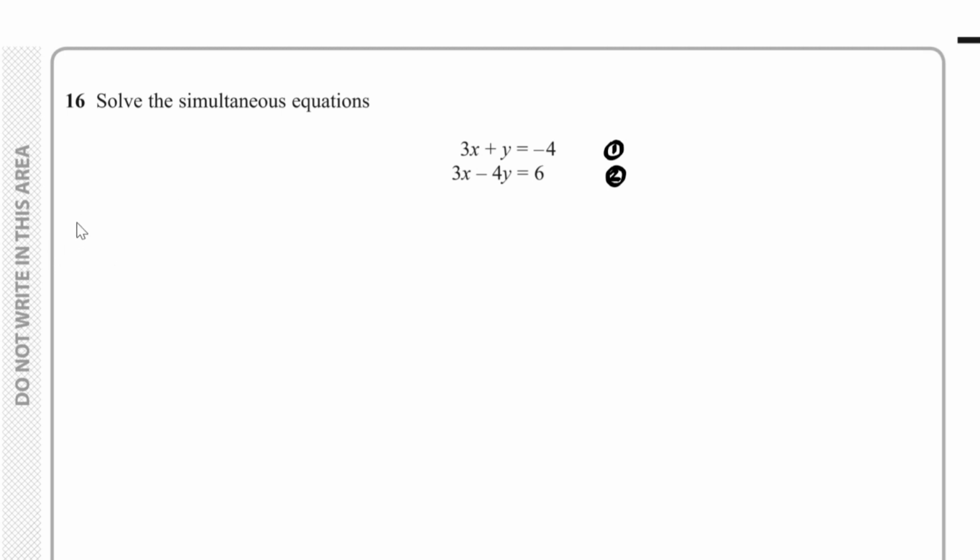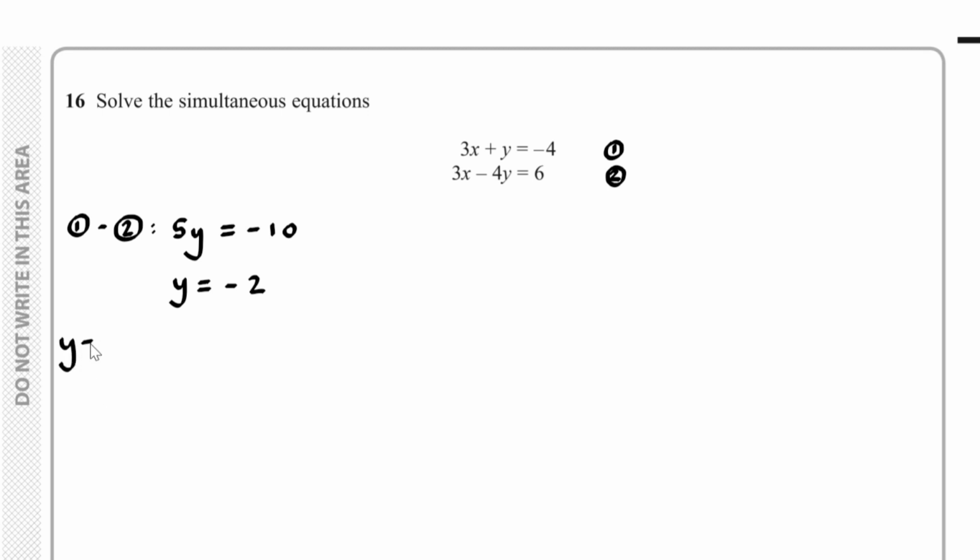So if I do equation 1 subtract equation 2, 3x minus 3x is 0x, y subtract negative 4y, that will be 5y, minus 4 subtract 6, that is minus 10. So that means y equals -2.